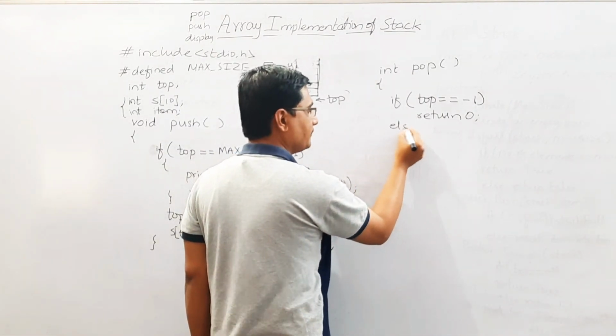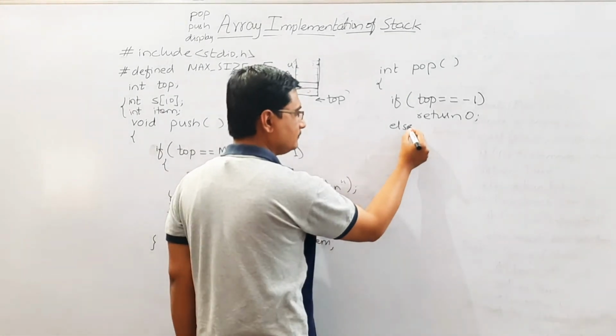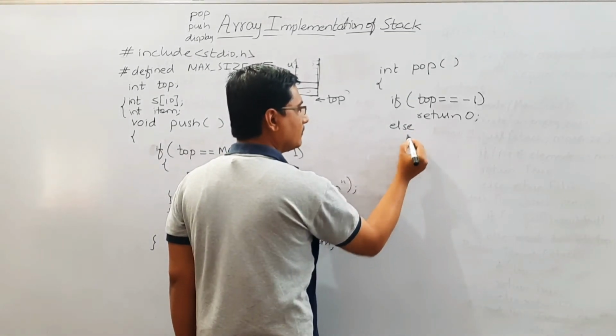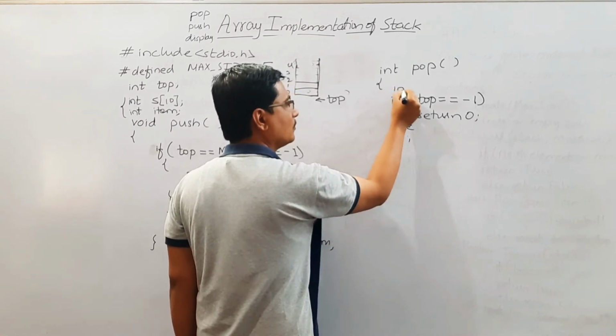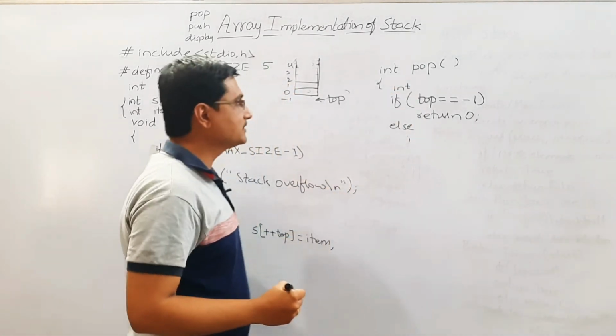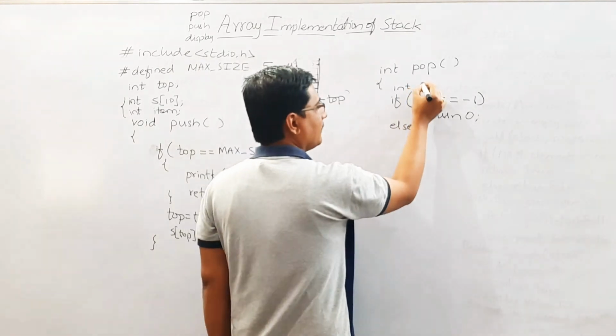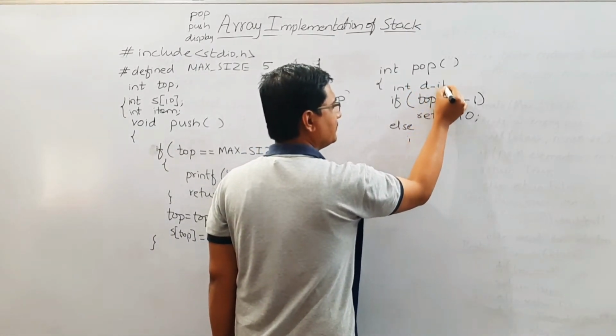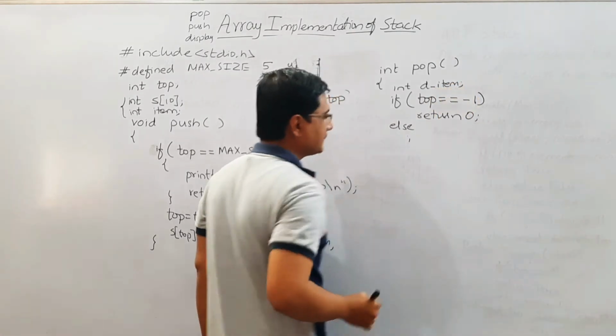Else, I need to have a deleted element, so I need to declare one local variable in this function, int d item, deleted item, something like this.